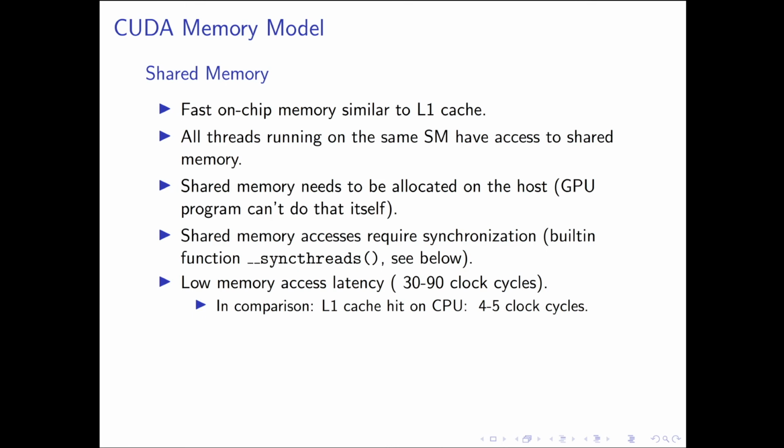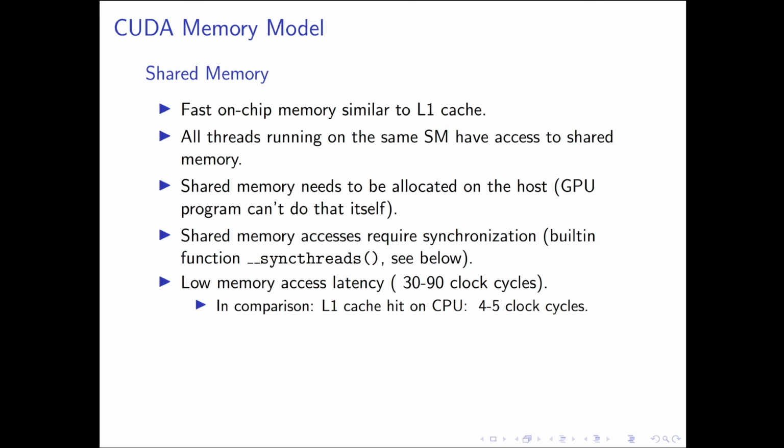In comparison to CPUs, however, where we would have a 4 to 5 clock cycles latency, the latency is again relatively high. So we have this fast on-chip memory that behaves like an L1 cache, and again we see certain characteristics, in particular relatively high latency, that are quite typical to GPUs when compared to CPUs.